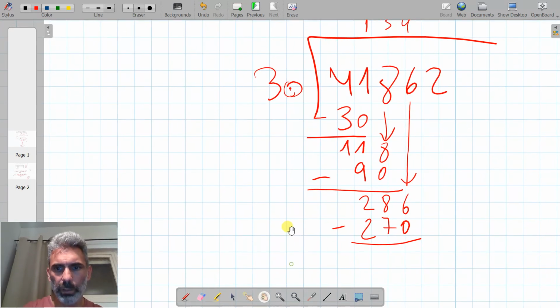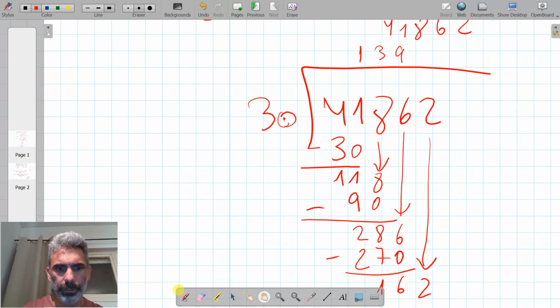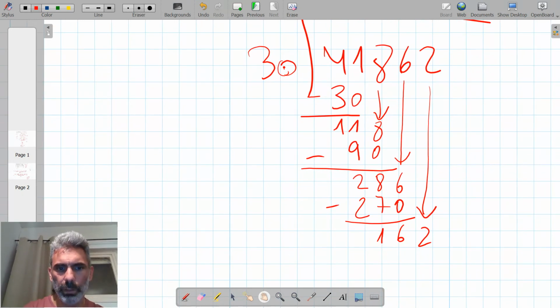We have a remainder of 16. Bring down 2. 30 goes into 162 five times. 5 times 30 is 150. We have a remainder of 12.